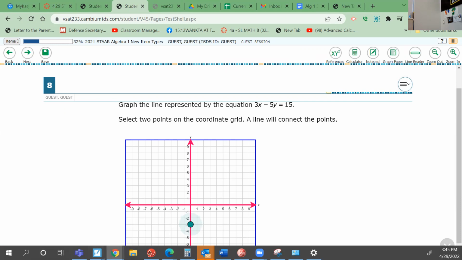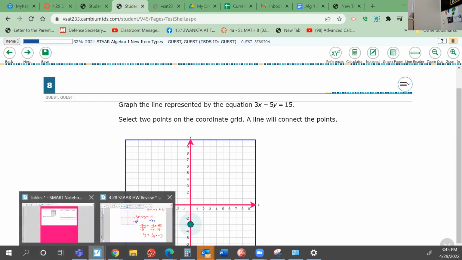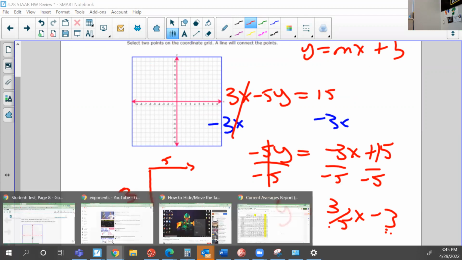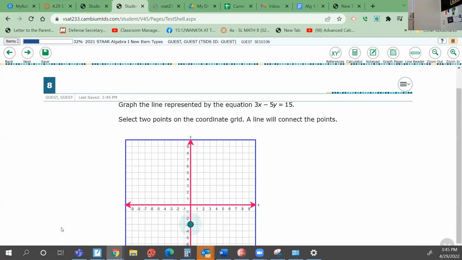That means I'm going to go up 3 and to the right 5. Let's do that. So I'm going to go 1, 2, 3, which puts me right at the origin, and over 5 puts me right there. And that's my line.